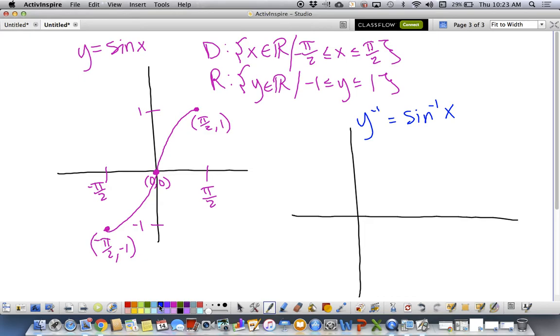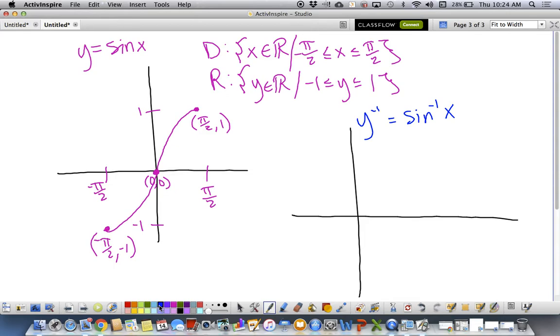We have graphed sine with a restriction. We have 3 points. How many points should we show in our inverse? 3. So how high do I need to go? Now, the question is pi over 2. If you estimate that, that's 3 over 2, so it's about 1 1/2. So it should be farther away than 1. Yeah, this is not drawn to scale.